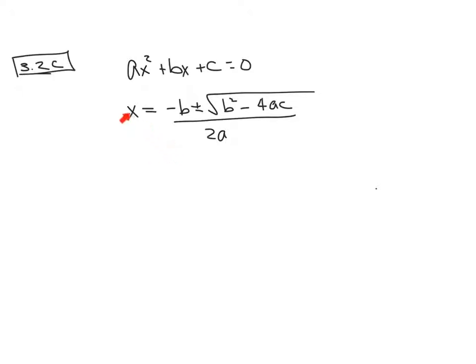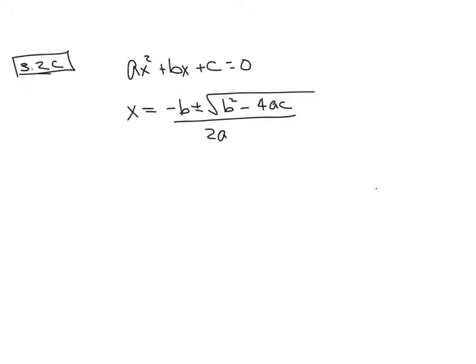But this is going to tell me where my parabola crosses the x-axis, at two places. And well, I guess I should say a parabola is going to cross the x-axis at two places. Let me draw a graph here to give you an idea. It's going to cross at two places.